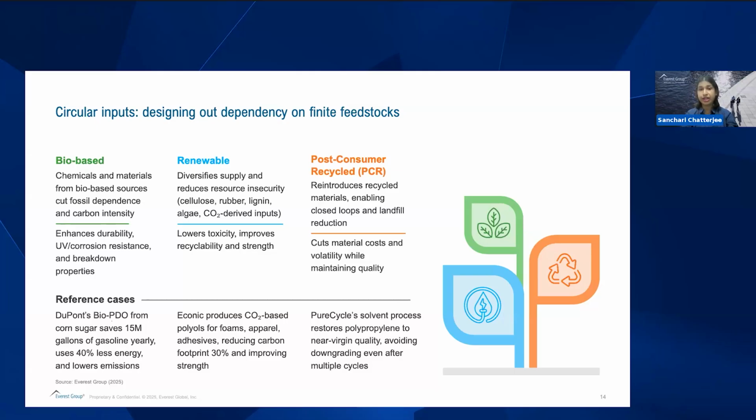PureCycle's example is fairly great. Their solvent process restores polypropylene to near virgin quality, even after multiple cycles. These examples show how supply chains are becoming more circular, greener and more resilient. Of course, we'll have challenges like feedstock consistency or certification, but innovation here is closing these gaps pretty fast.